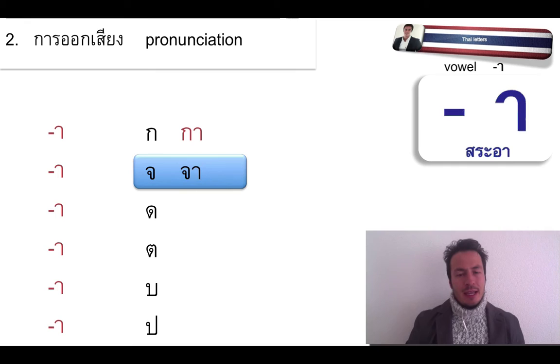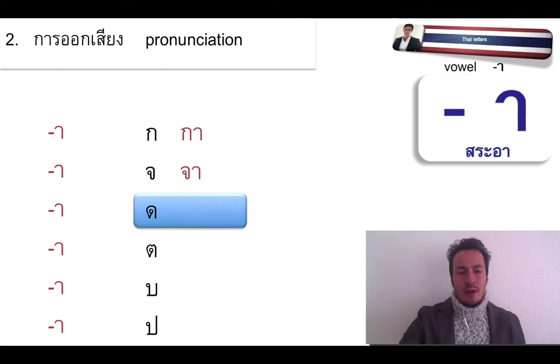And now I again would like you to speak after me. Da. Very good. The third example combines da de with sara, ending in the syllable da. You can speak it after me. Da.